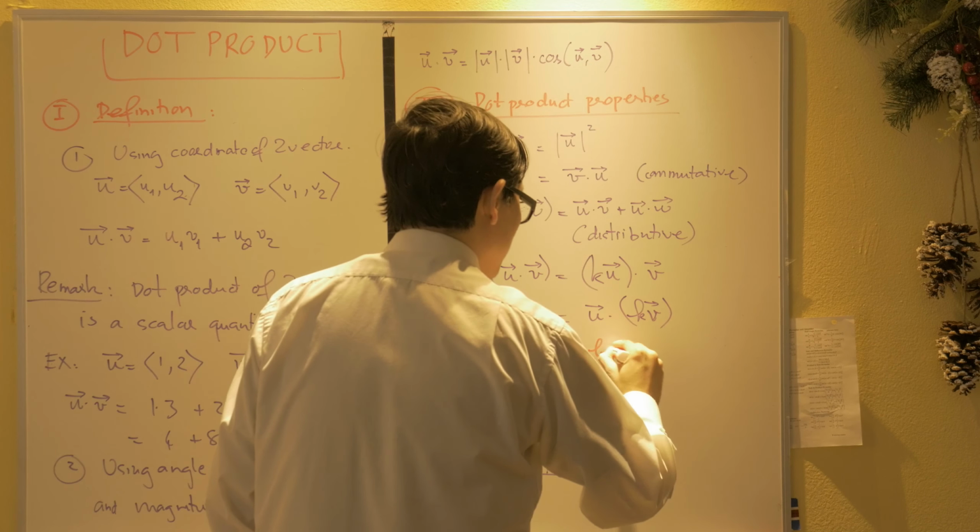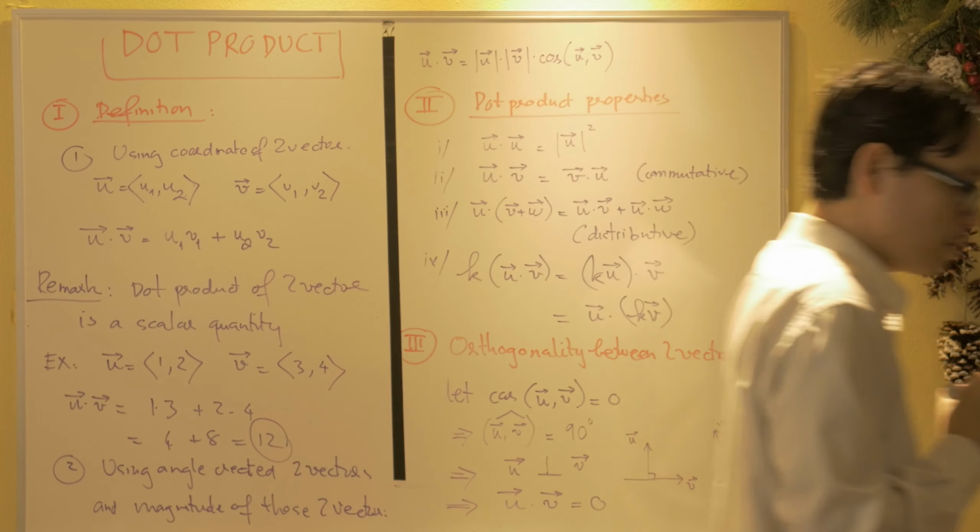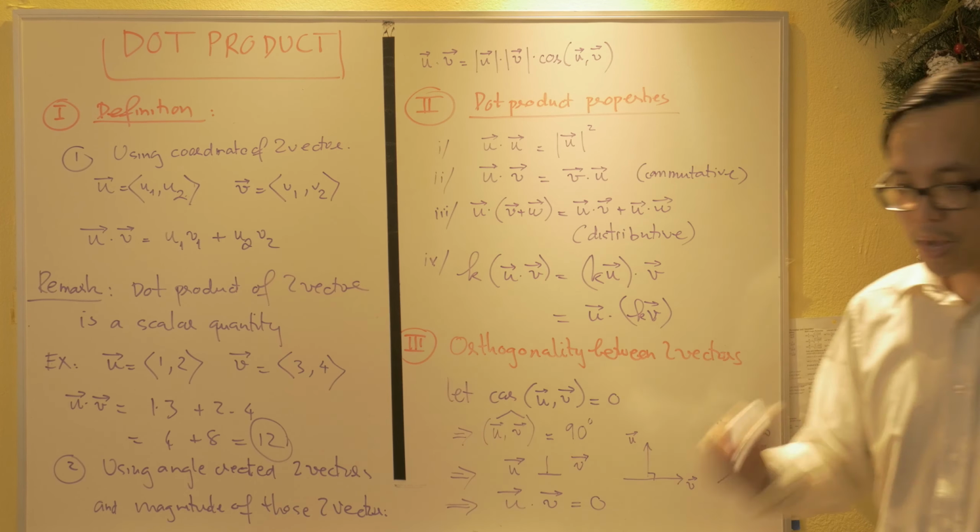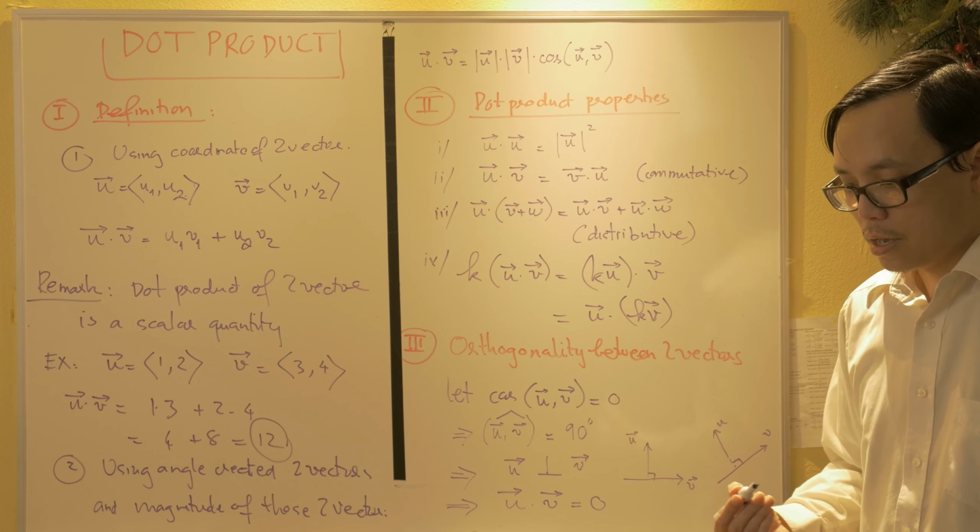It means u times v equals 0. So what do we know about this? When you have two vectors perpendicular or orthogonal to each other, the dot product is 0. Let me put a remark here.